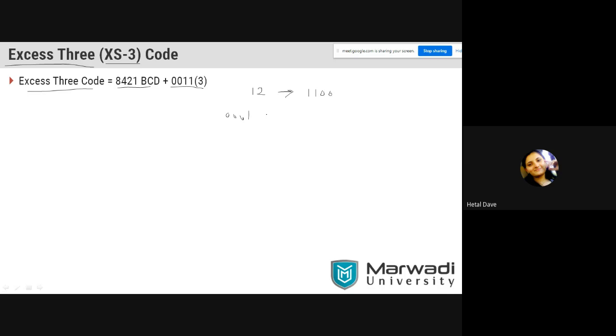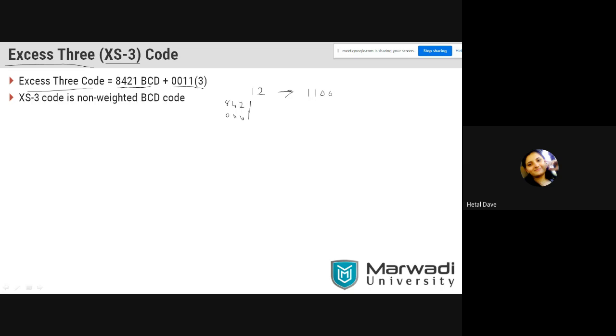Then whatever our final pattern is, that is equivalent to XS3. As the name suggests, XS3 means extra 3. So BCD plus 3 will give us XS3 code. It is a non-weighted code. Let's say if I want to verify this 12, I can verify it if I write here 8421.